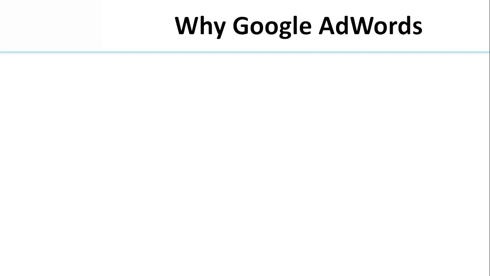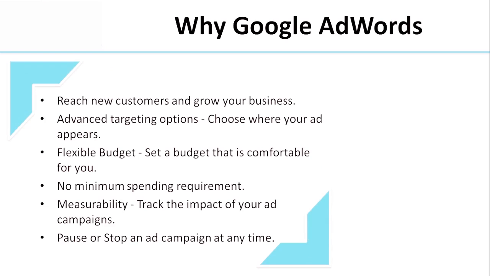Now, let's go ahead with another important and interesting parameter, that is why marketers are moving towards Google AdWords. The idea behind this is that they want to reach new customers and grow their business. That's why they are motivated to go for Google AdWords.